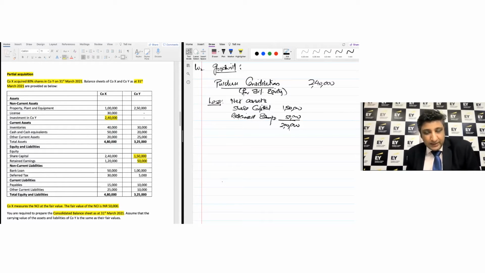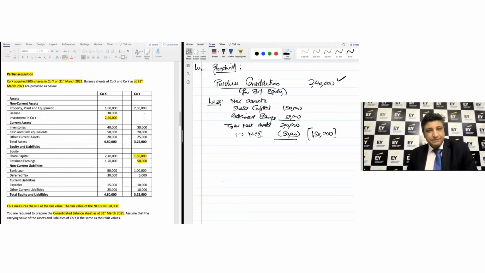We are only looking at the goodwill for 80% because we are only acquiring an 80% stake in that company. So from this total net assets, we need to eliminate the portion of the NCI, which is given to us at 50,000 rupees. So how are we interpreting that?